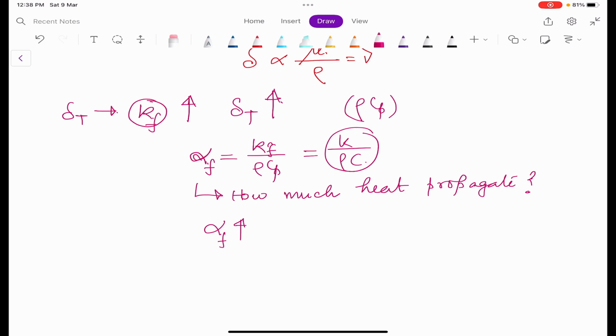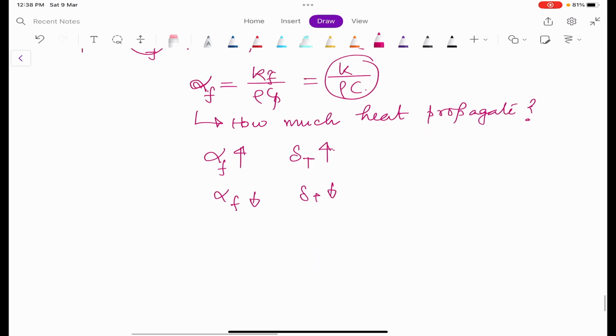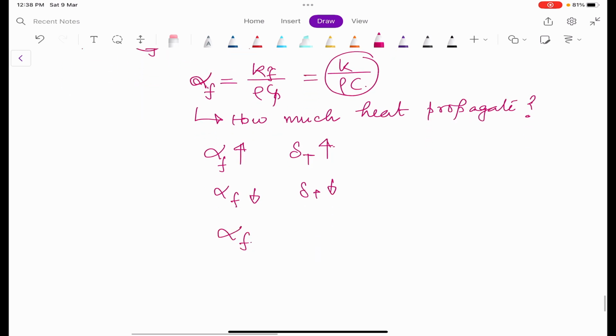To reach T infinity the temperature profile should be longer. So if alpha f is larger, delta T must also be higher. If alpha f is lower, delta T is lower.